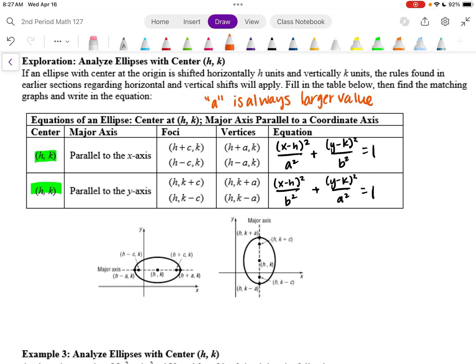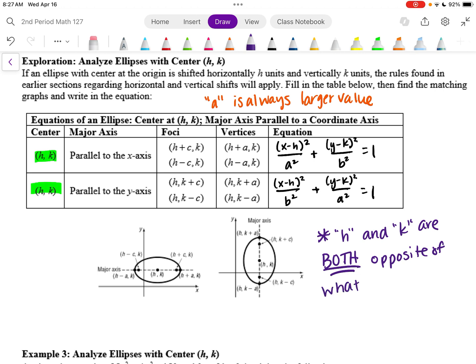The other thing to notice is, very similar to circles that we did in semester 1 in 126, h and k are both opposite of what you think. This is something new. We're used to h's being opposite of what we think.